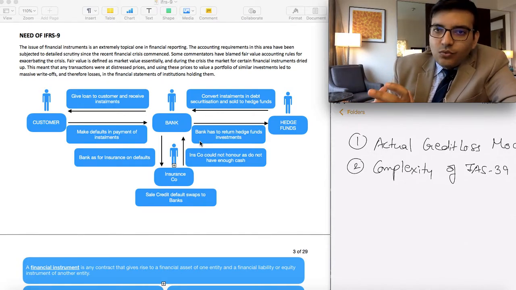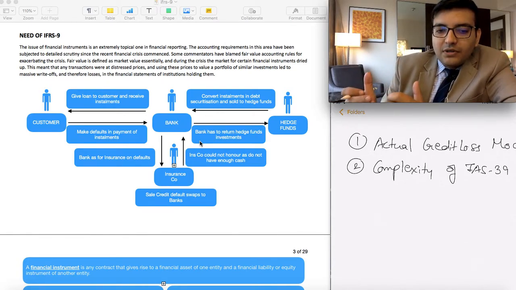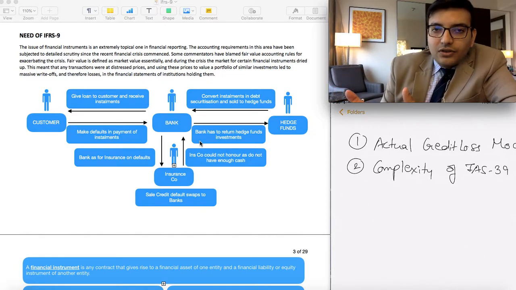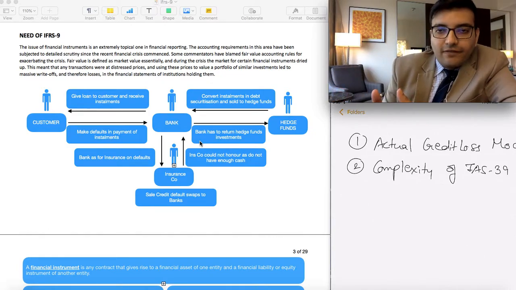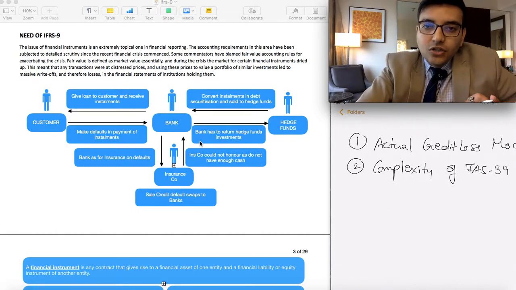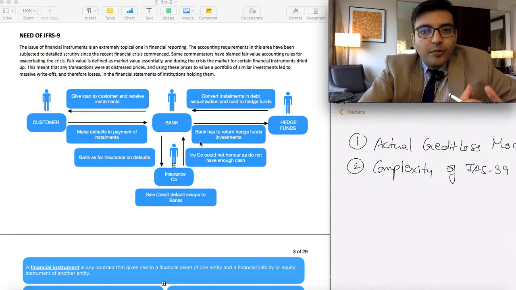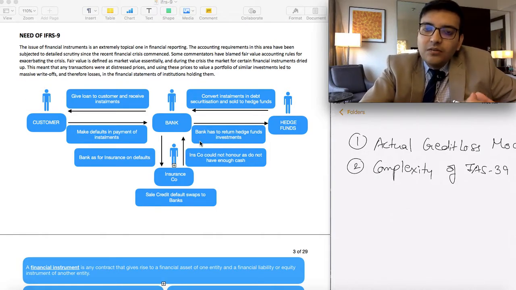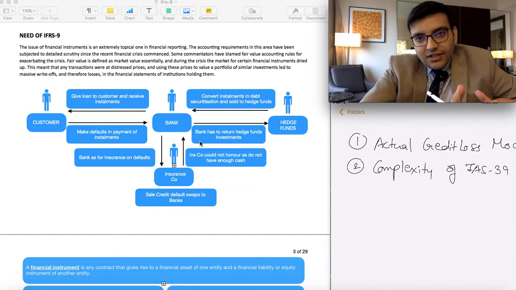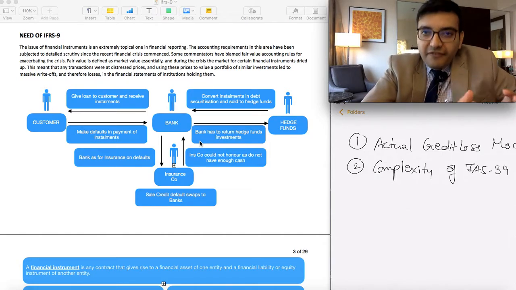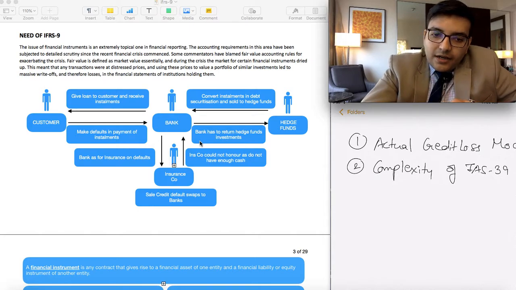You can say the crisis was not because of IAS 39 or any of the standard, but the effect was worsened because of IAS 39. And how come? Let us talk about that, because we are not here talking about how the economic recession came in. We are just talking about how IAS 39 helped worsen the effect of the economic recession.